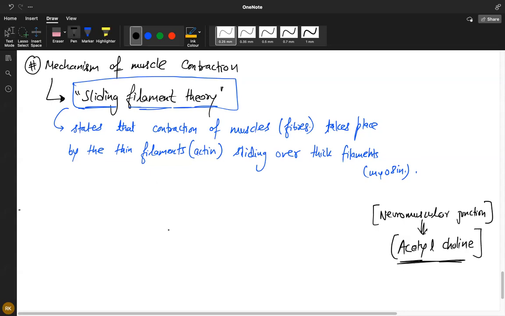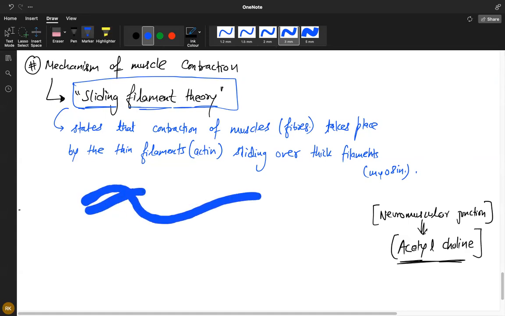Is it clear? So what we have achieved till now, let me use blue to show actin. Okay, this is actin.